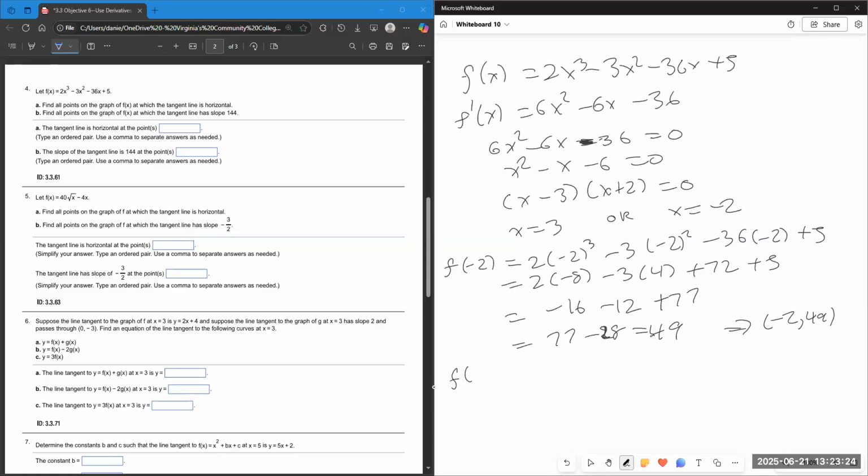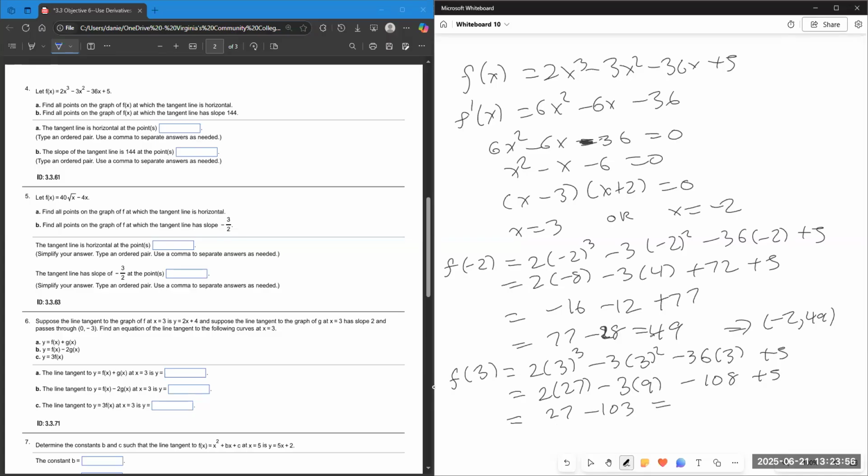f of 3 is equal to 2 times 3 cubed minus 3 times 3 squared minus 36 times 3 plus 5. That's 2 times 27 minus 3 times 9 minus 108 plus 5, which is 54 minus 27 is 27, minus 103 is going to be -76.